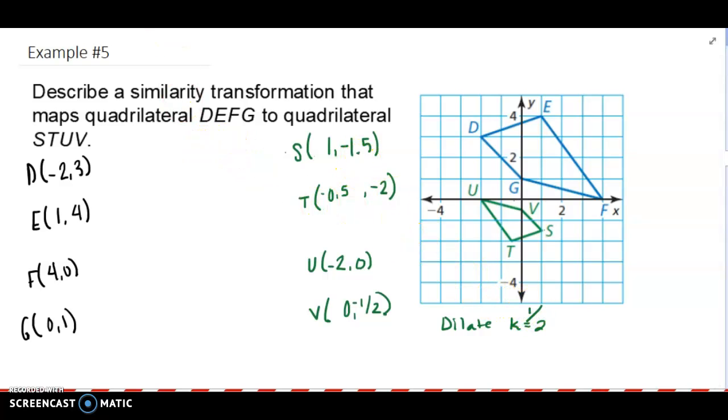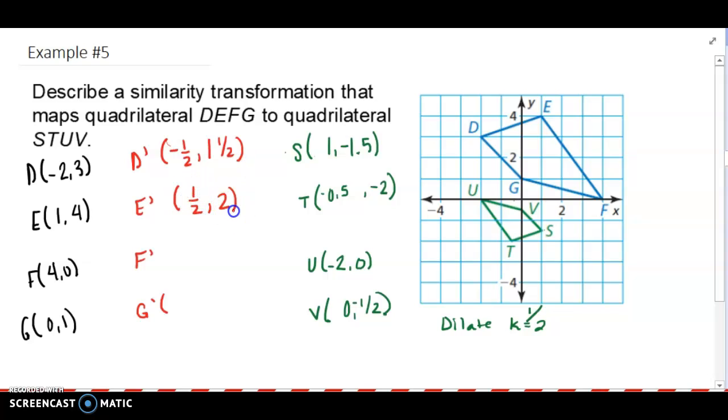When I do that, I get my D prime, my E prime, F prime, and my G prime. That would give me (-1.5, -1/2)... 1.5. And then my E would get (1/2, 2). My F is (2, 0), and my G is (0, 1/2).